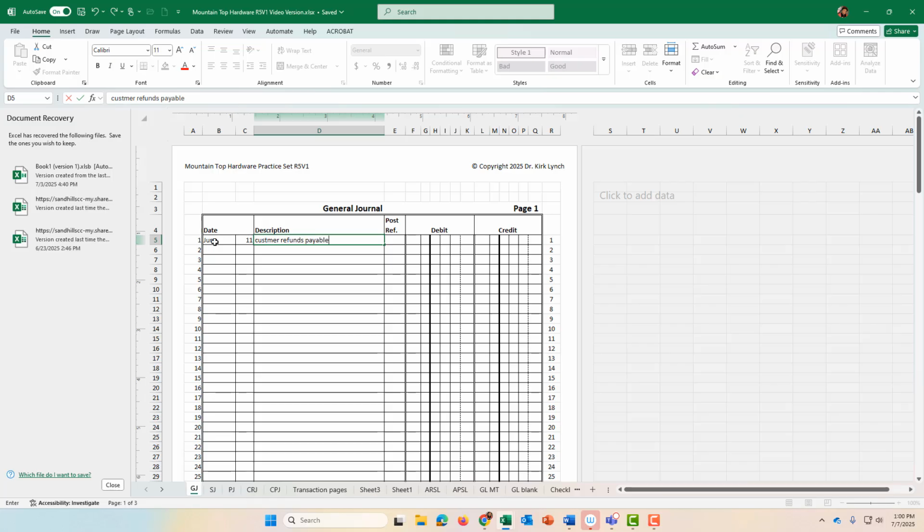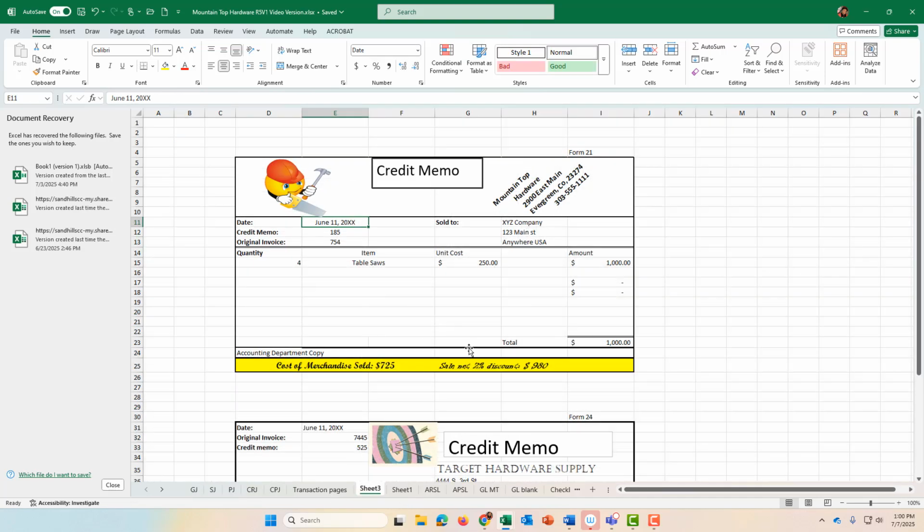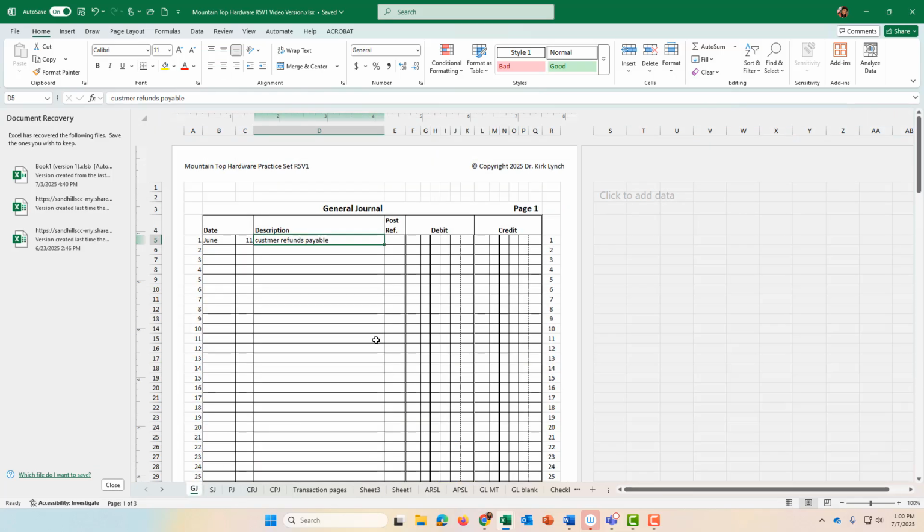This is a liability that says we're going to have to pay these people. Now, the amount that we owe back to them is this $980. And so in this particular transaction, in the debit column, we put 980.